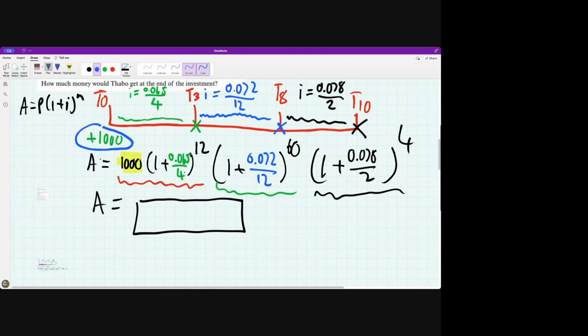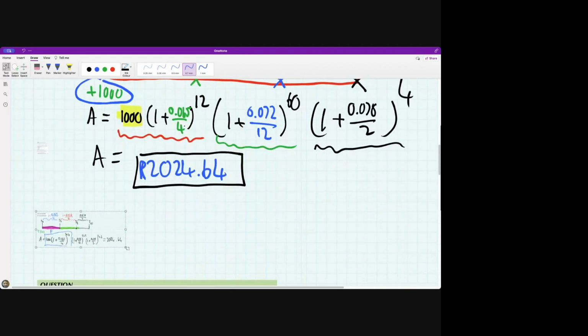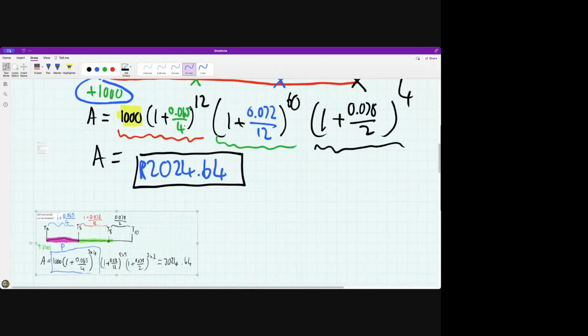Can anybody confirm? Oh, there we go. Atlachang has got your back, Pufunzo. Anybody else get? We are getting 2024.64 rands. Anybody else got that? Renew is with us. Well, let's see what I got last year when I did this. I got 2024.64. So the good news is we are winning at life.